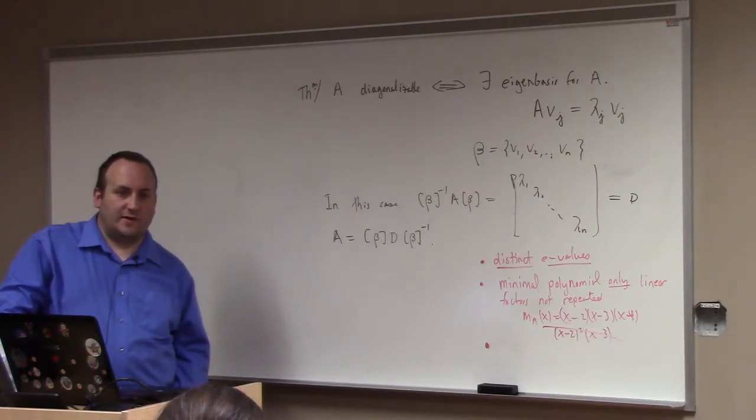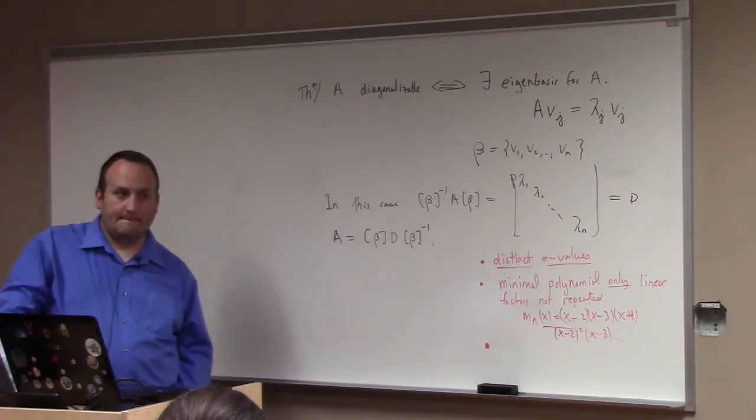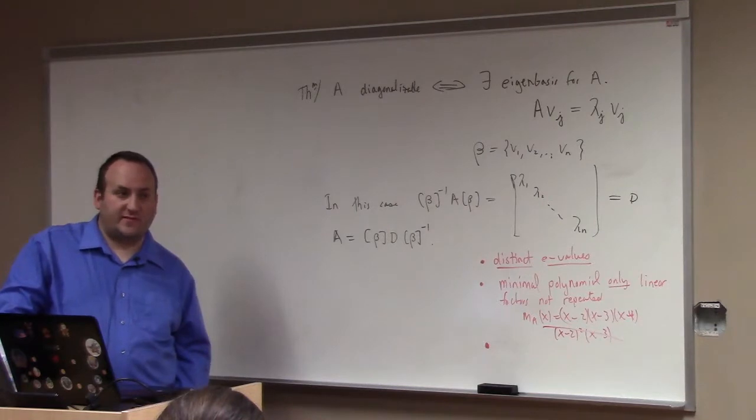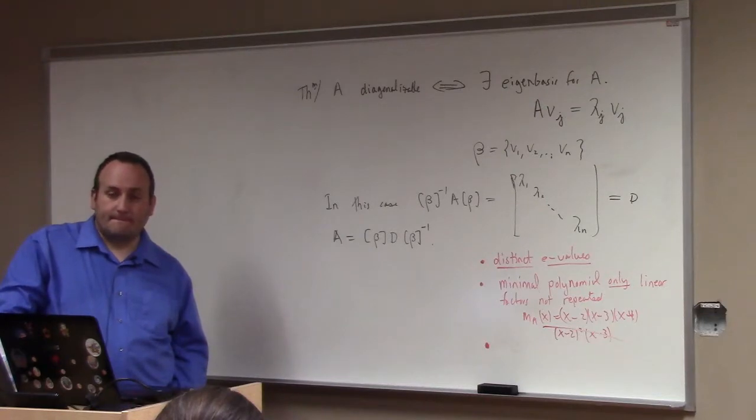What can you tell me about a matrix with eigenvalue 0? Or more generally, what's the relation between eigenvalues of a matrix and eigenvalues of its inverse? Or its square or other things. I was going to say, if it has eigenvalue 0, then the determinant of A would be 0. That's true.